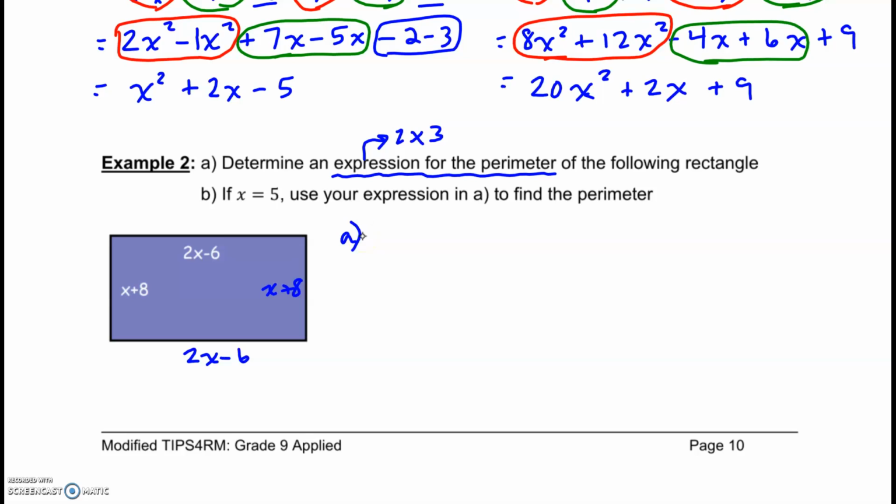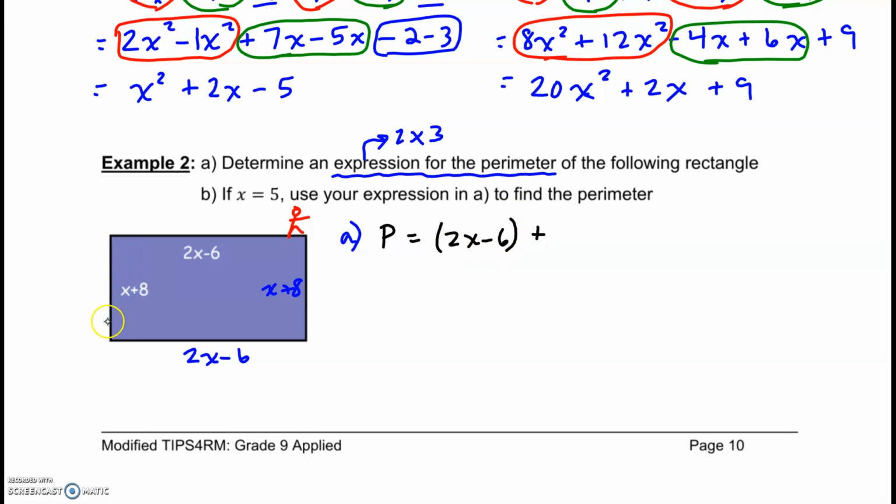Now when we do perimeter, we think of the stick man, and he goes around the edge. So we're going to add all sides around the edge. So we'll start with our capital P so everyone knows that we're finding perimeter. Our little man walks along the top, and that's 2x minus 6. I put it in brackets to show that that is one length on my rectangle.